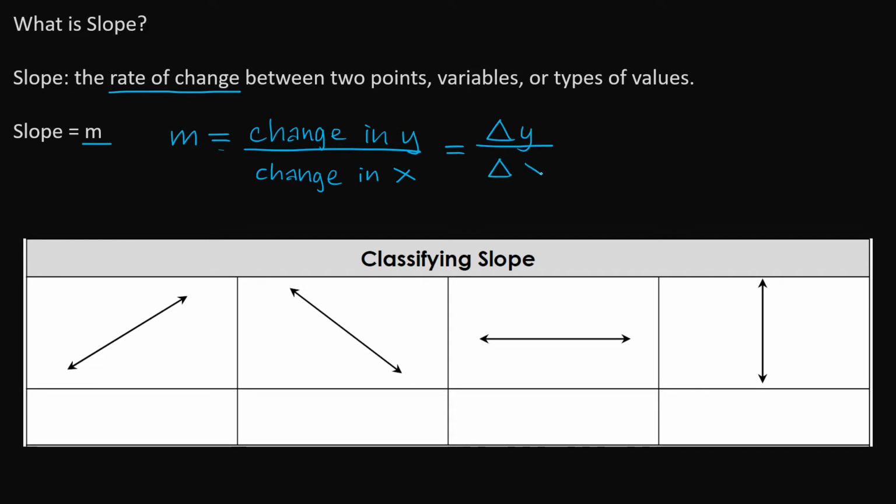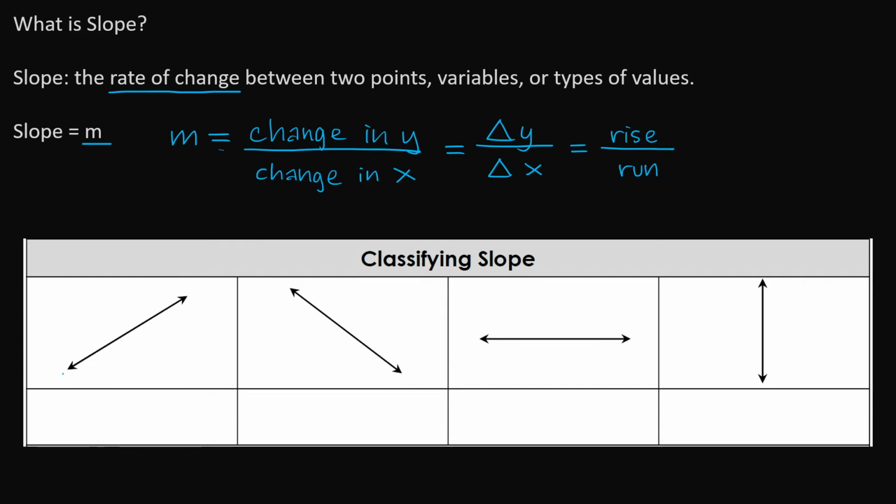The Greek letter delta just means change, so change in y over change in x. We also know that we can call this rise over run. So how far we move up or down on a graph divided by how far we move left to right on a graph.